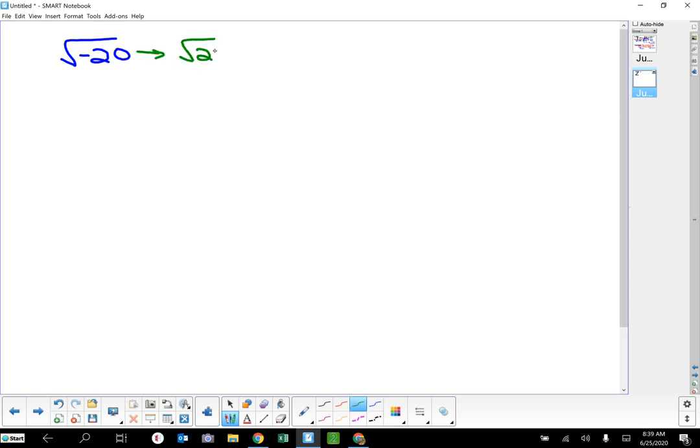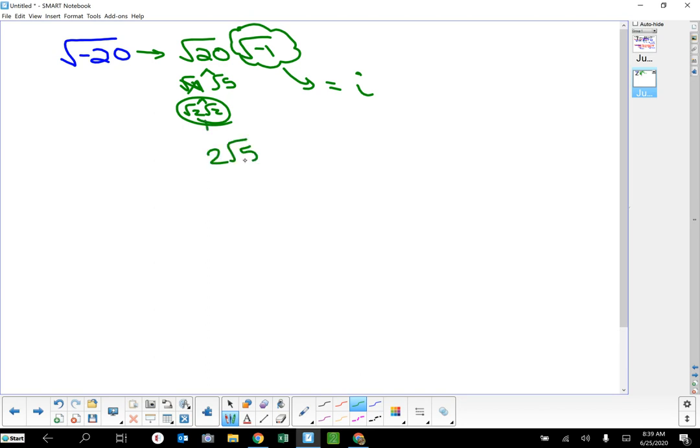Start with the root of the number and then the root of -1. We know that this is i, right? So all you have to do now is break down the 20. So this would be a 2 rad 5.